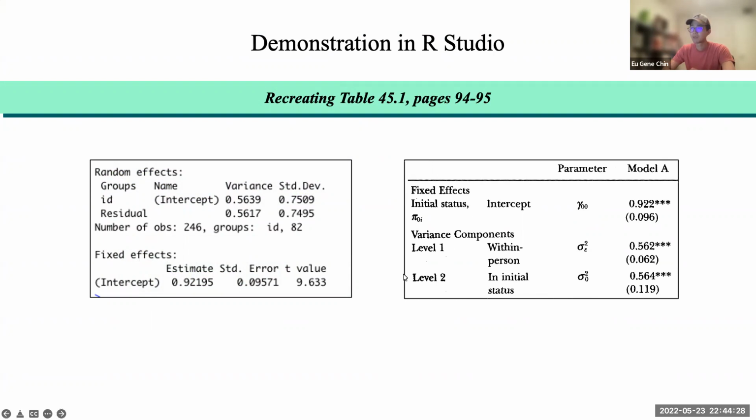In the stochastic components, we've got within person variation and between person variation, and you want to know if these are statistically significant. I'm going to recreate this in RStudio and show you how they correspond, so that when you fit your own unconditional model on your data set, you know the steps to do this in RStudio.